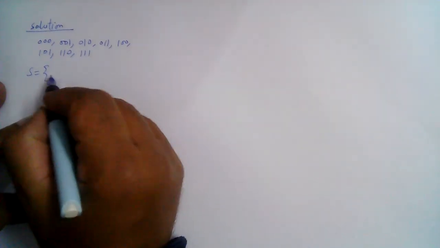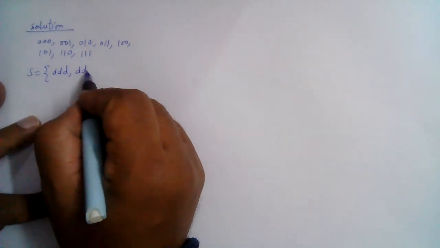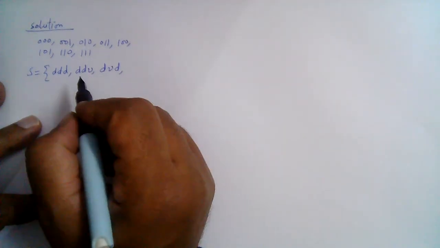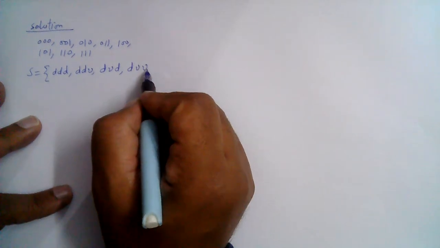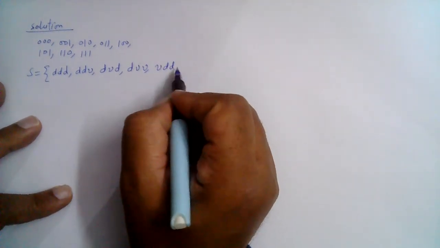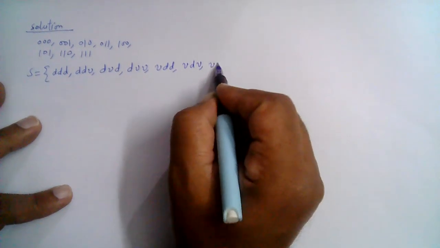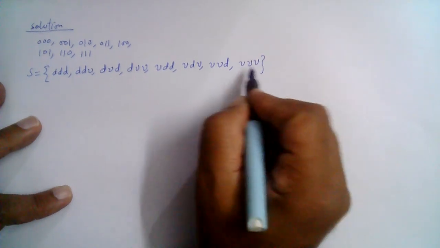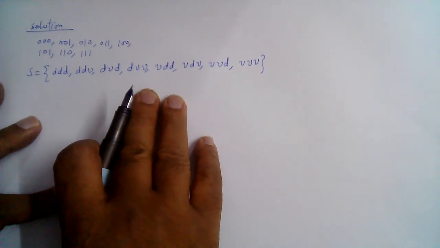So this will be DDD, then DDV, then DVD, then DVV, then VDD, then VDV, then VVD, and then VVV. All three packets are video in this case. So this is the sample space of the experiment that we are considering.